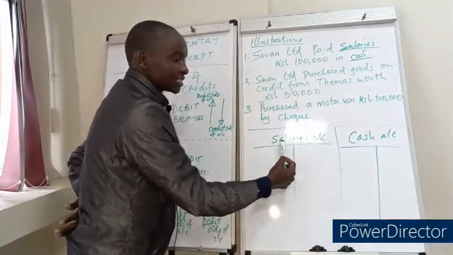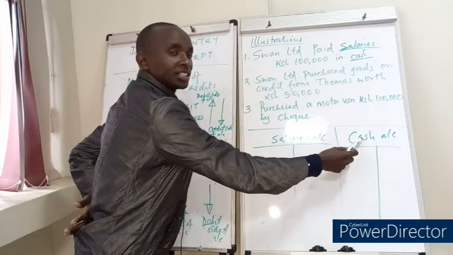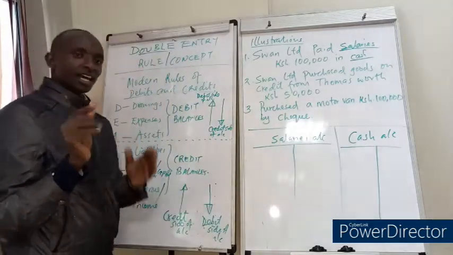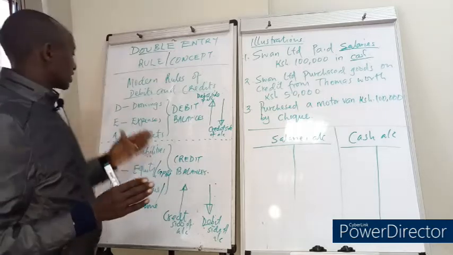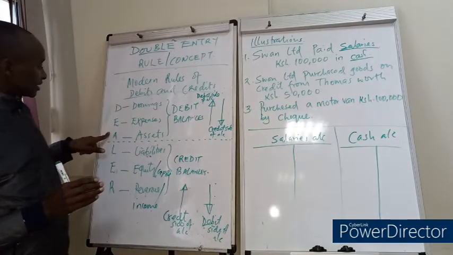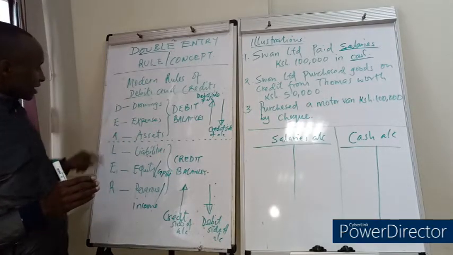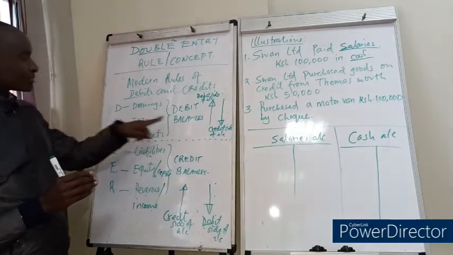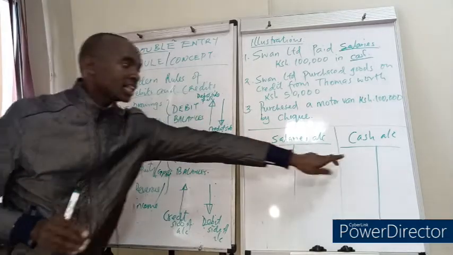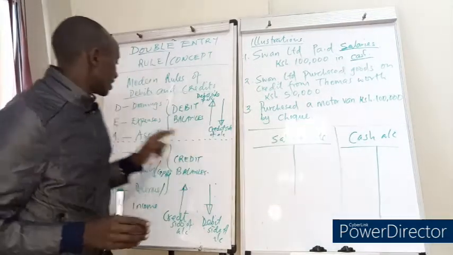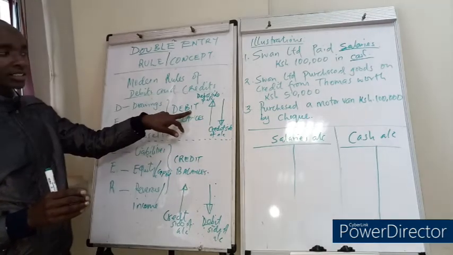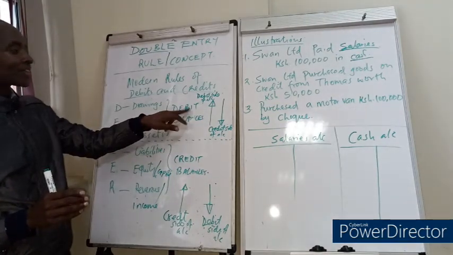Here, salaries are nominal accounts, isn't it? Cash, these are real accounts. So cash is an asset, isn't it? Cash is an asset in an organization. An asset, as per our word here, an asset has got a debit balance. Cash is an asset, isn't it? Cash has got debit balances, these ones. Are we together?